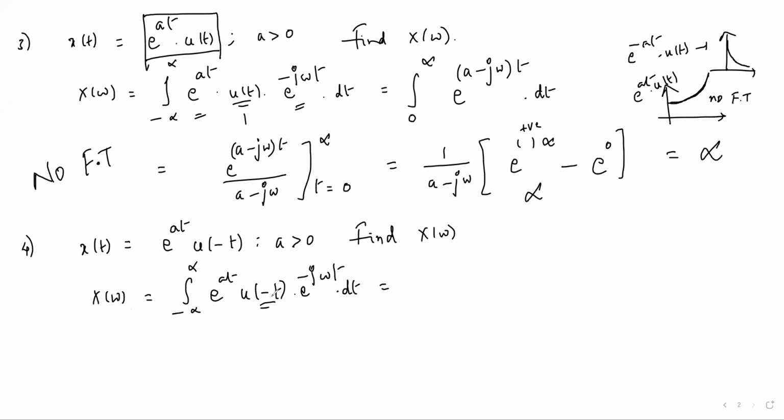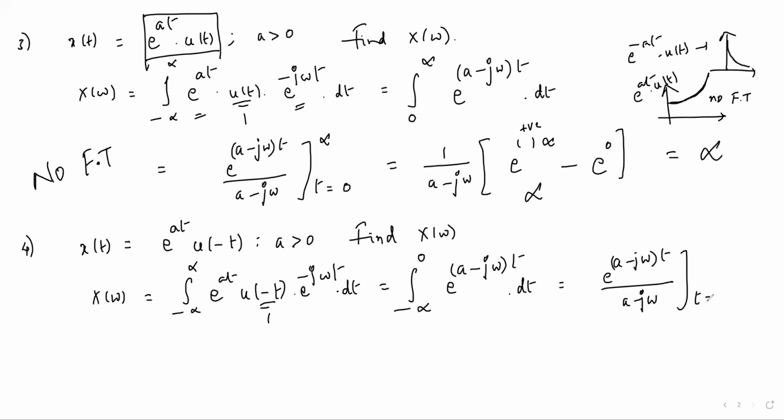U of minus t is there. This value is 1 over the limit minus infinity to 0. And combining the exponentials, we get e to the power of a minus j omega t dt. First let us integrate this exponential. It is e to the power of a minus j omega t divided by a minus j omega with the limits of t from minus infinity to 0.